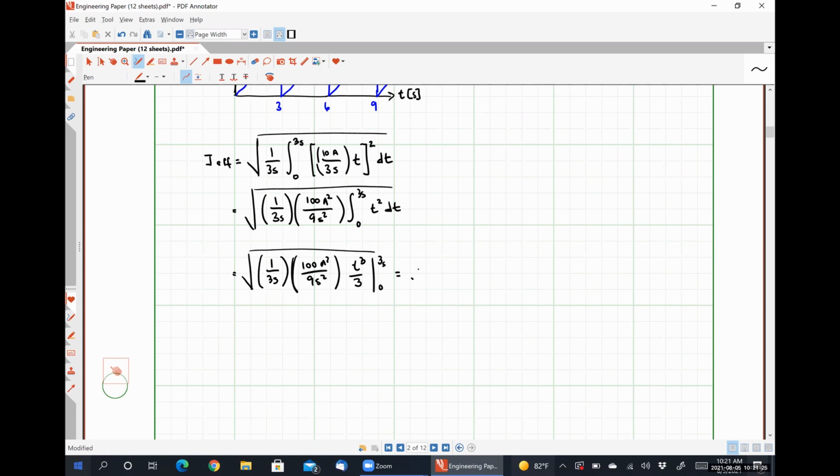So that's going to look like 1/3 seconds times 100 amps squared over 9 seconds squared times 1/3. And then t cubed evaluated at 3 is going to look like 27 seconds cubed, right?